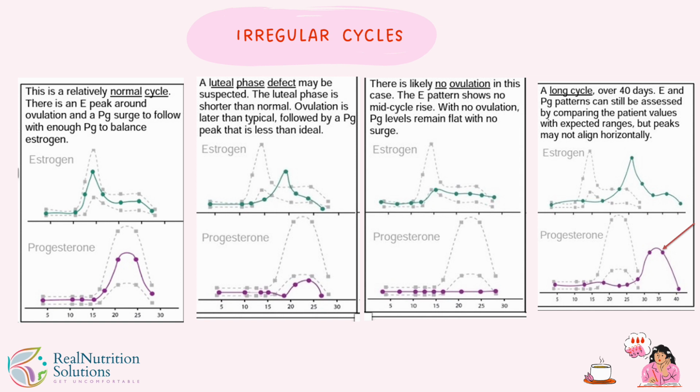Maybe they're closer to menopause, and therefore they're not really ovulating that much, but the adrenal glands are producing some estrogen, so it's been picked up by the test. And lastly, we see someone with a longer than normal cycle. However, they're still following what we would expect to see from a normal cycle. It's just been delayed throughout the cycle. And that is that.